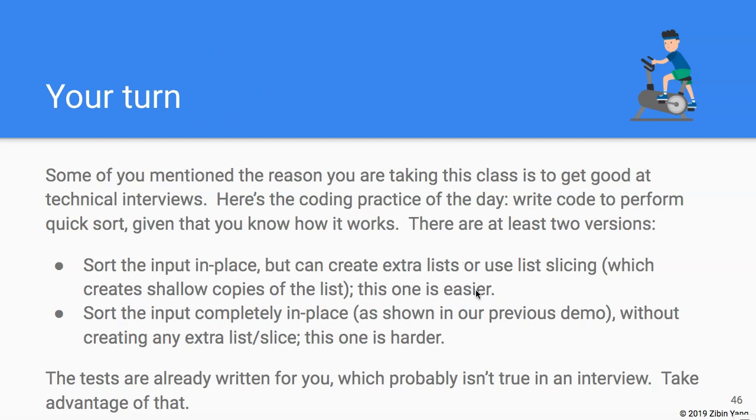If you do this, it's much easier, I think. Now, if you want to sort the input completely in place without using any extra list, then I think this approach would be quite a bit harder.